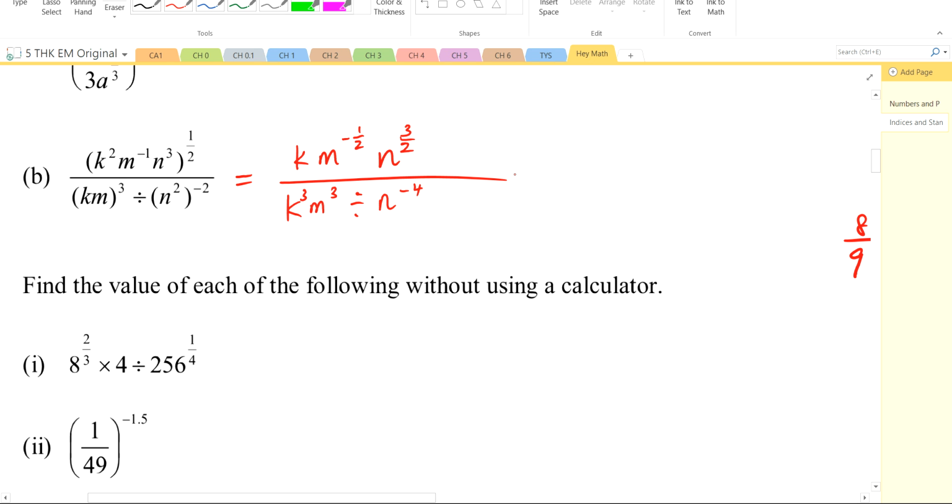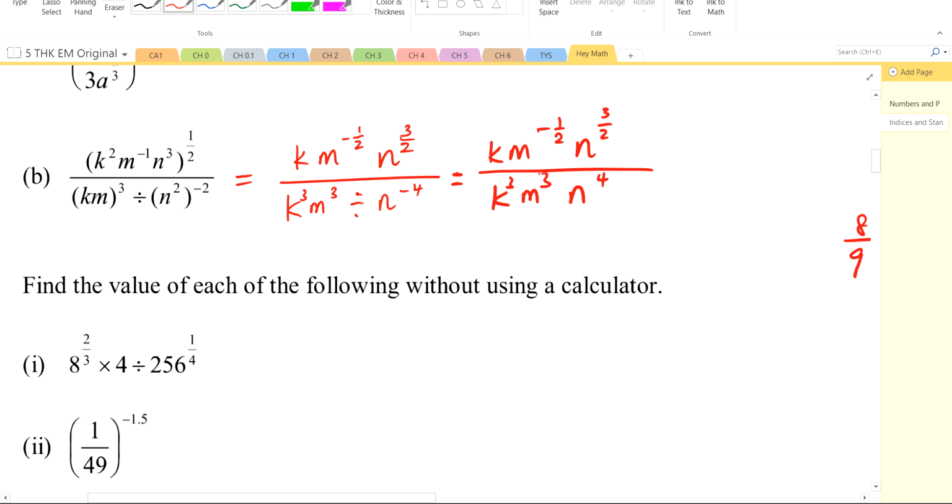Okay, hang on first. So, continue. We get k m power negative half and 3 over 2 divided by k cube m cube n power 4. Agree?